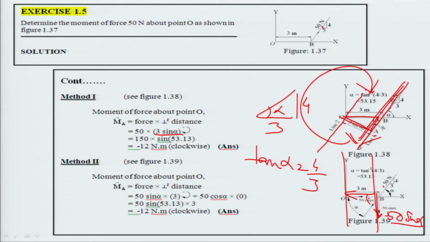This is clockwise rotation. It can be either clockwise or anti-clockwise. Here it is clockwise, so the sign is taken as negative.